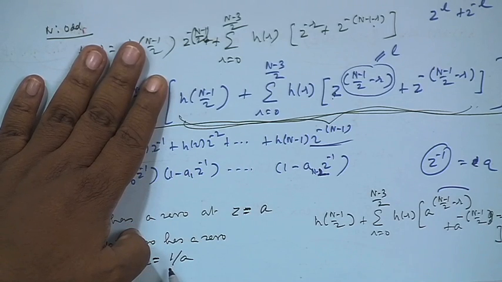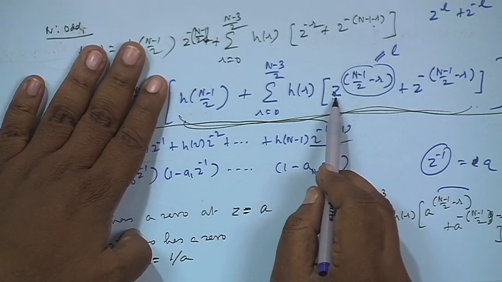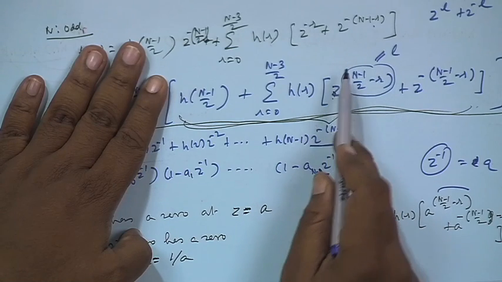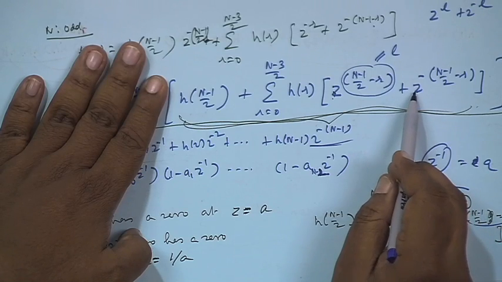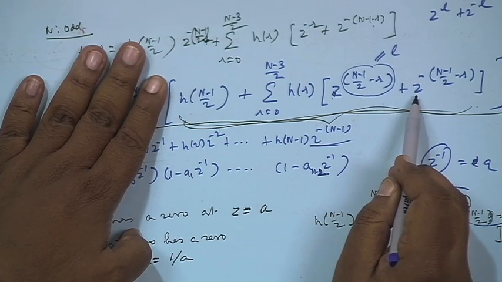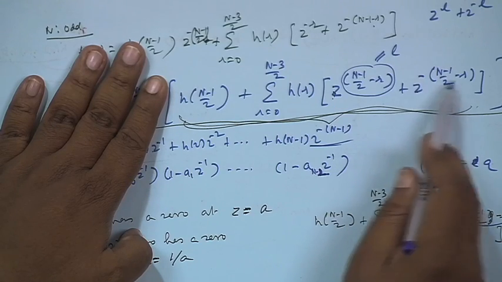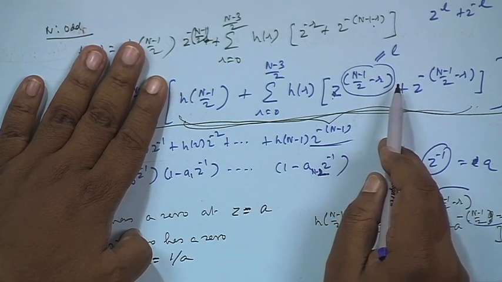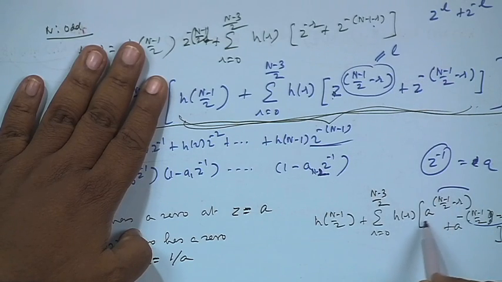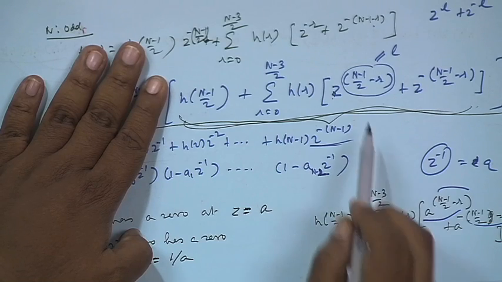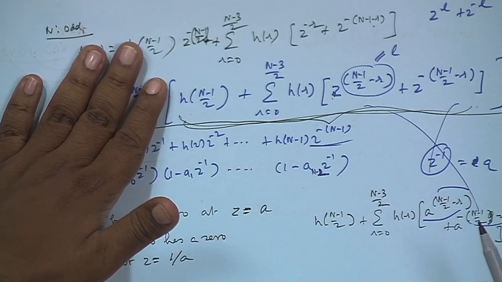If I now replace z by 1 by a, 1 by a whole to the power L means a to the power minus L. So, a to the power minus L will come, and the other term becomes a to the power plus L. So, this will go here, this will go here, and the summation remains the same, so it will become 0.